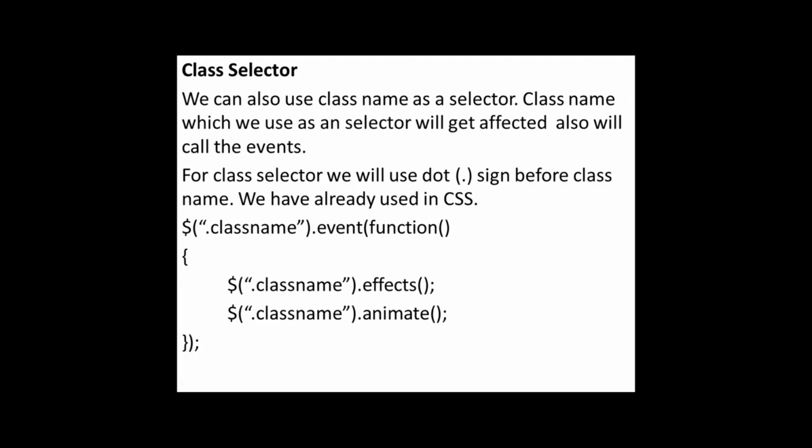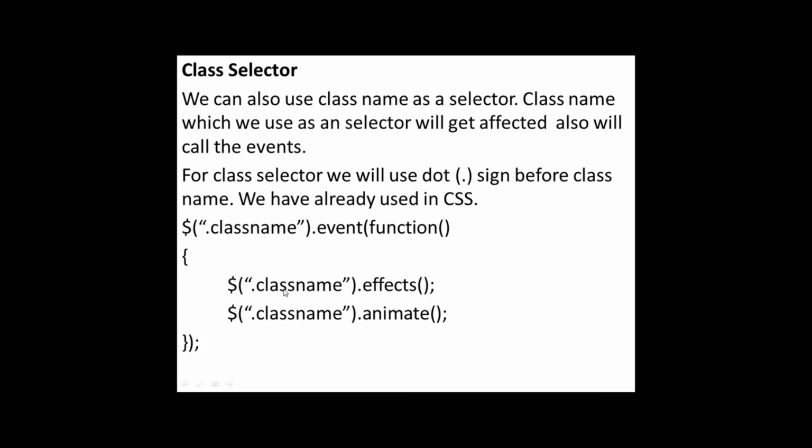Here is one example, or syntax, of that class name declaration as a selector: dollar, then parenthesis, double quote sign, then dot, class name, then your event, then the function which is handling your event. Inside that event block, I use the same class name again.